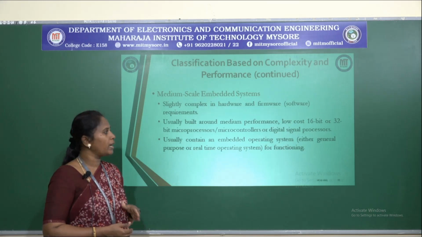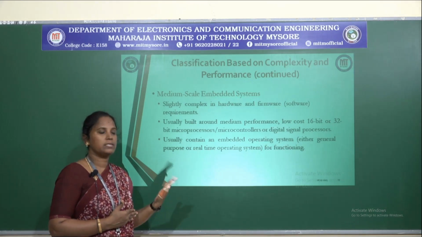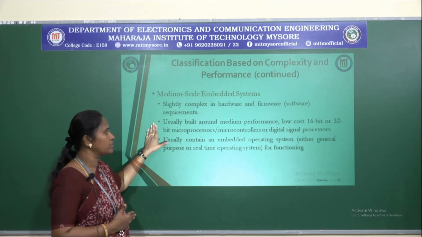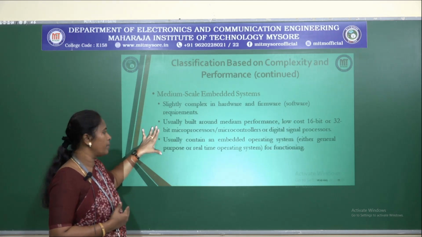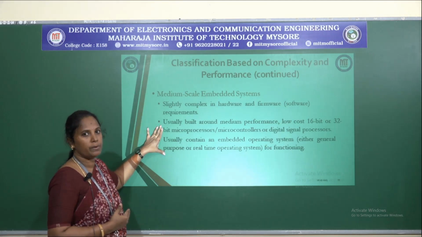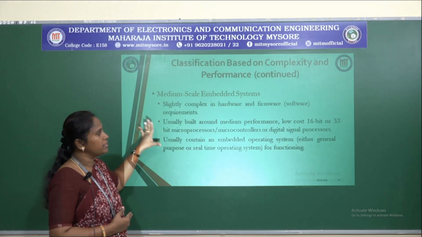With 16 or 32-bit, the faster processing digital signal processors came into existence in the medium scale. And also here the embedded operating system which performs its operation in real time came into existence in the medium scale embedded system.